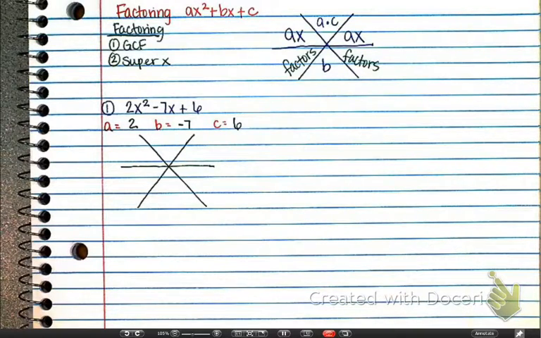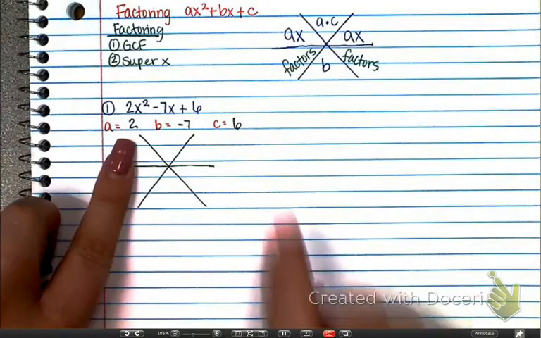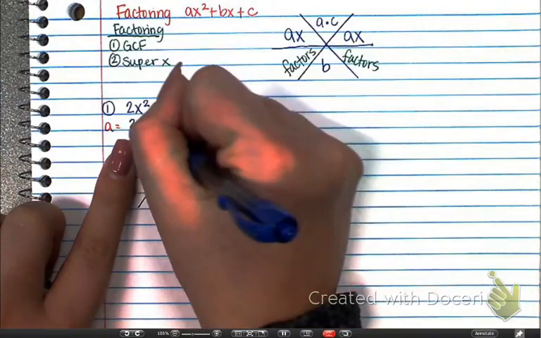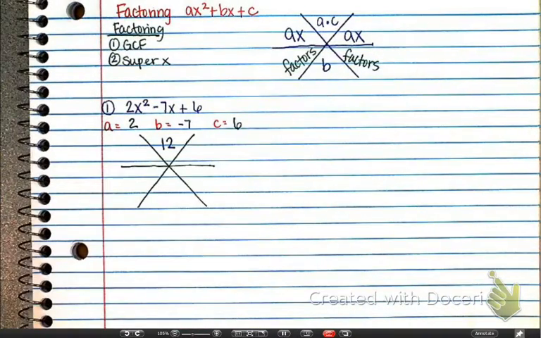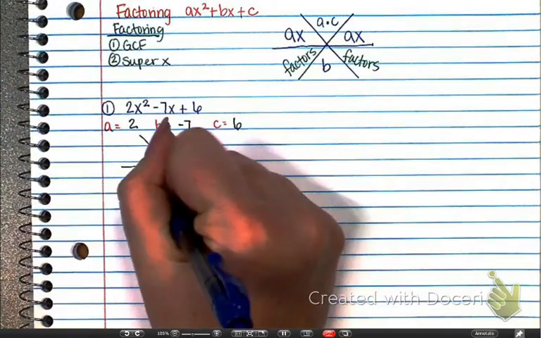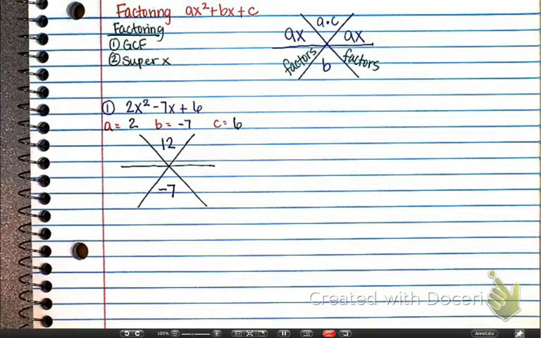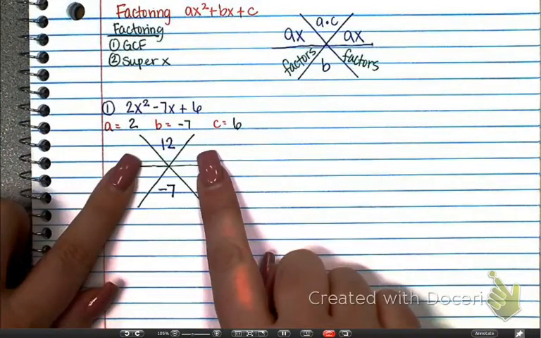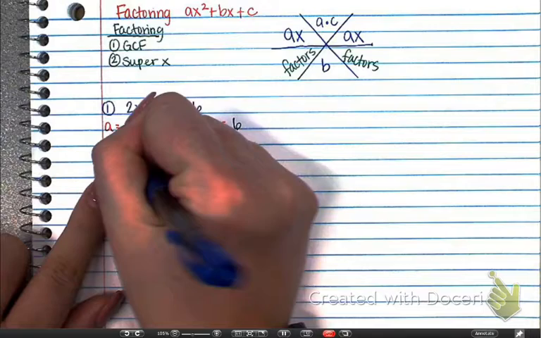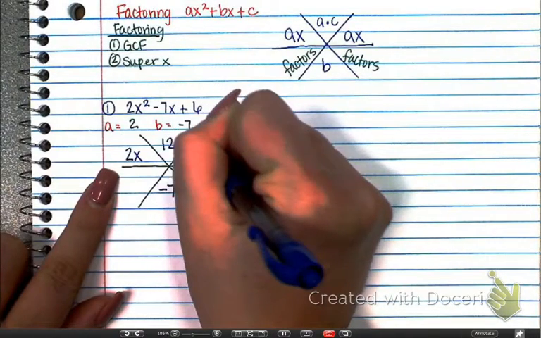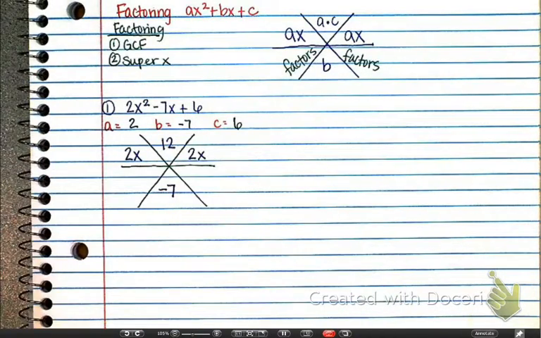The top part is A times C. So 2 times 6 is 12. On the bottom is B, which is -7. On the top is your A plus your variable. Okay, so the only math we've done at this point is 2 times 6. Everything else has been a fill in the blank.